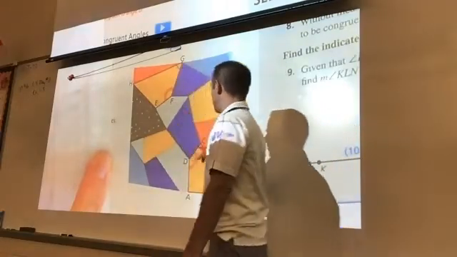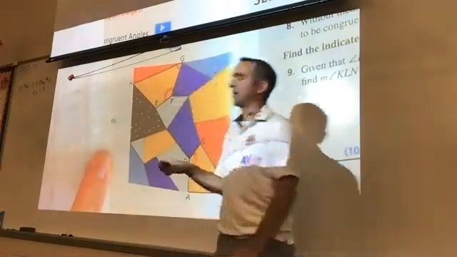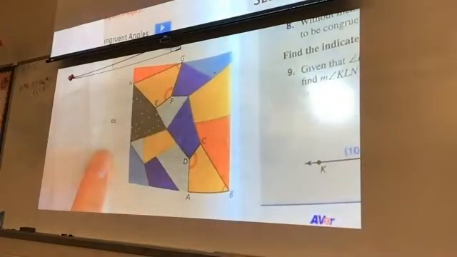F has 2, D has 2, so those are congruent. We know for sure that those have the same number of degrees. That's all you are doing with congruent angles today, is identifying them in pictures. You have to be able to name them correctly as well. All right, any questions on congruent?